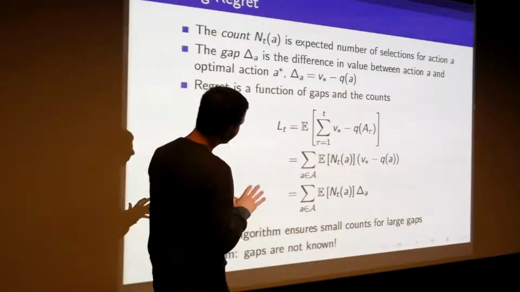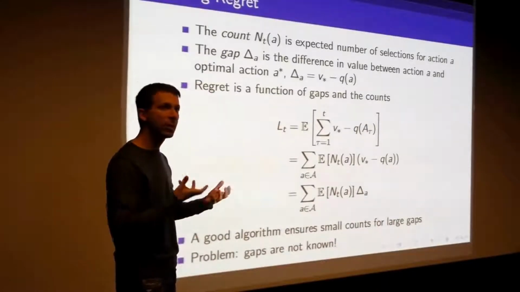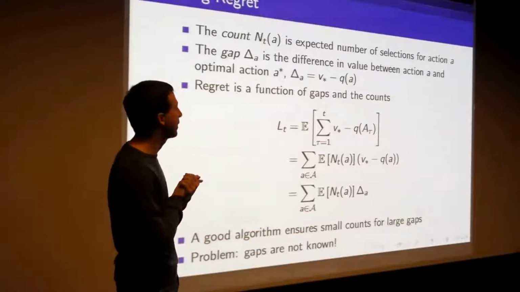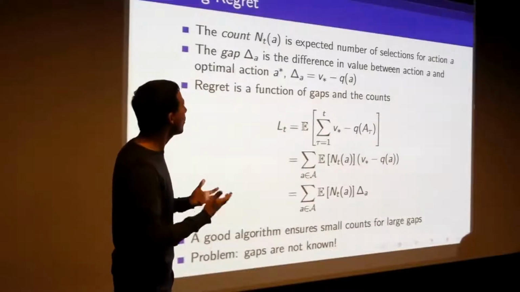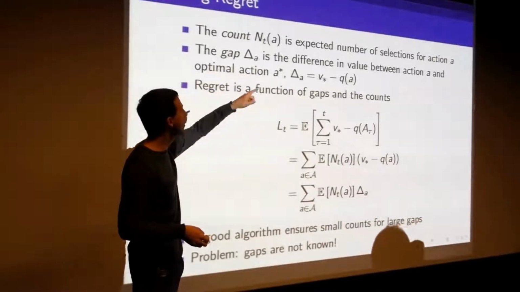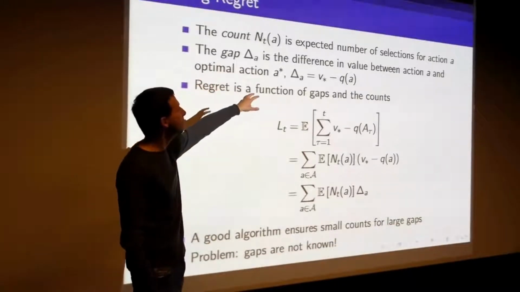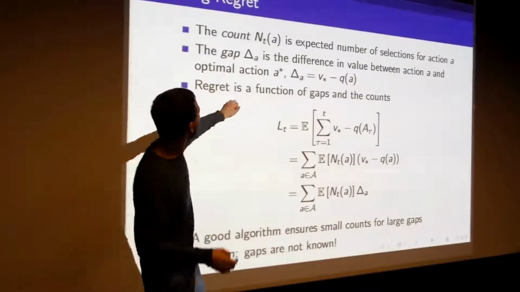So just one more slide to understand what's good and what's bad about regret, and then we'll move on to some pictures to help understand this a little bit better. So the count is just the number of times we've pulled an arm. So we're going to count the number of times we pull an arm. And we're going to consider this thing called the gap. So the gap is the difference in value between some action a and the optimal action.